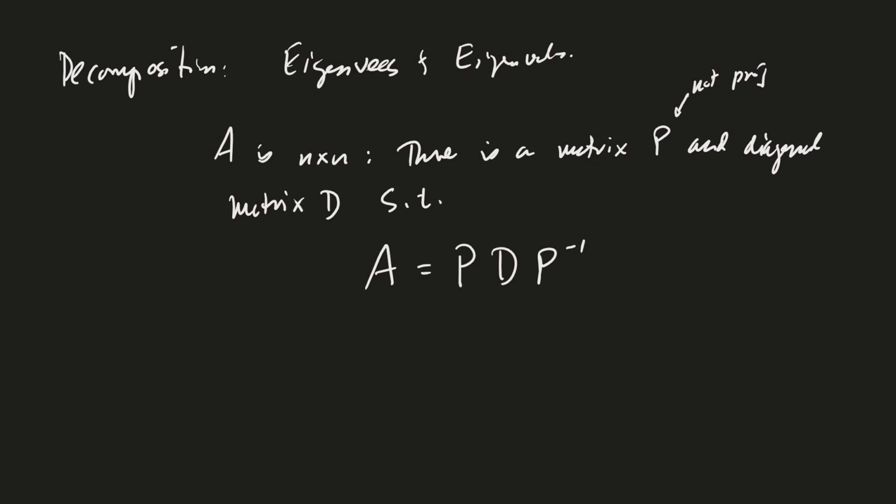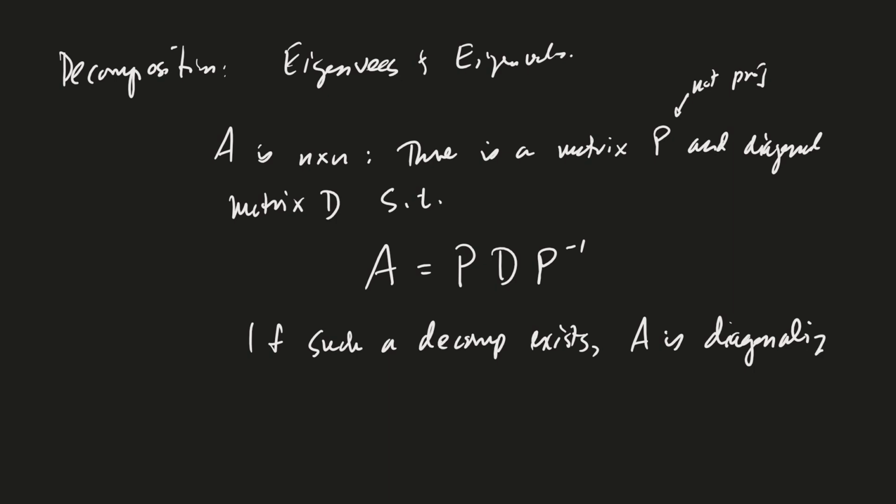Do you recognize that? If such a decomposition exists, A is said to be diagonalizable. Is there an E in that? Diagonalizable. Good.